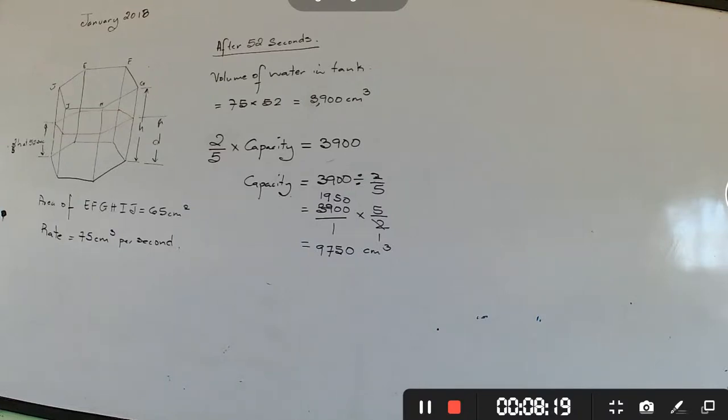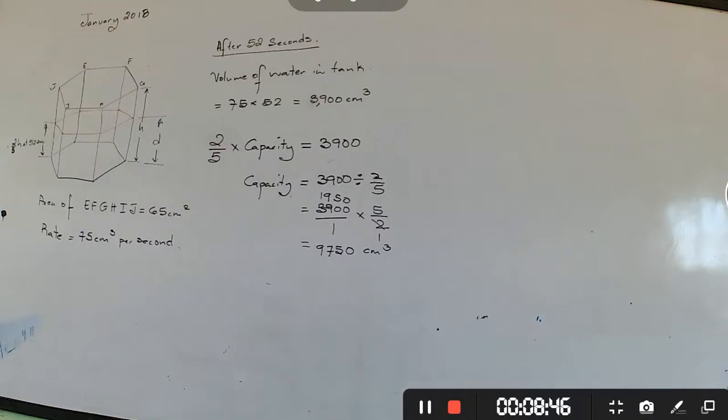A prism is a solid shape with a uniform cross-section and rectangular sides. The prism gets its name from the shape of the cross-section. The cross-section is a hexagon, so this is a hexagonal prism.